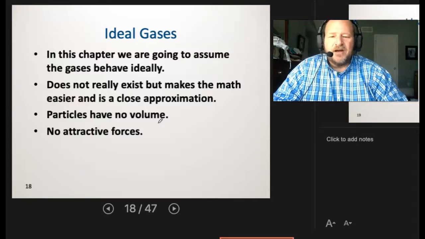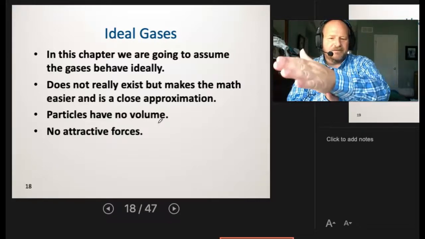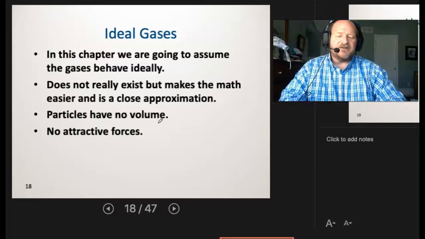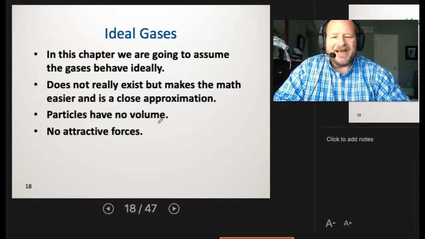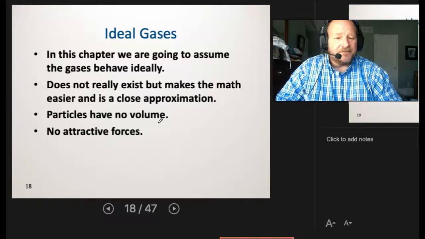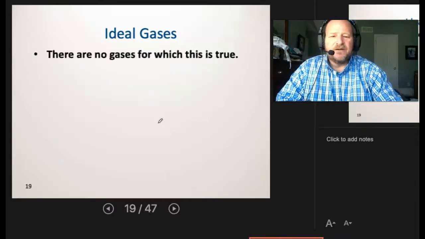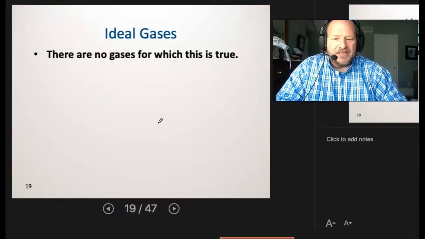All right, so if you ever have experienced static electricity, then you know that attractive forces exist by just two things passing each other. Right, that's all that's happening for static electricity. So if two things pass each other and can generate an attractive force, then obviously these gases that are moving everywhere can obviously generate some attractive forces. Now, there are no gases for which this is completely true.